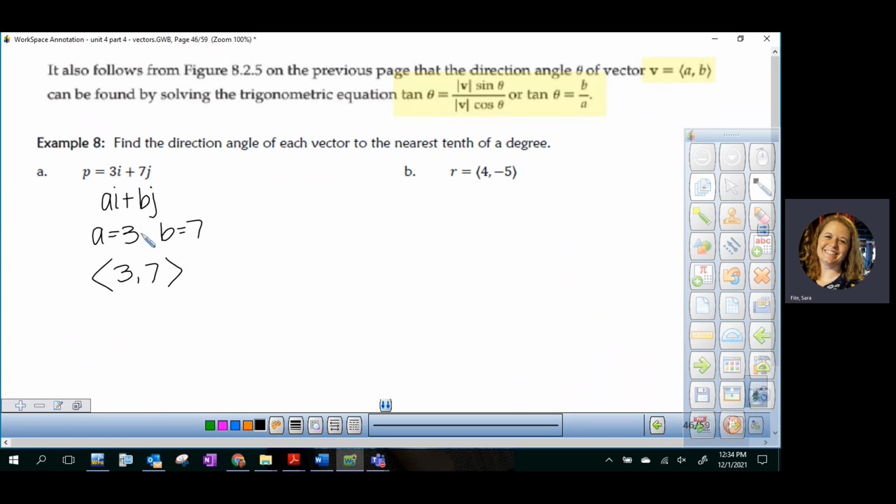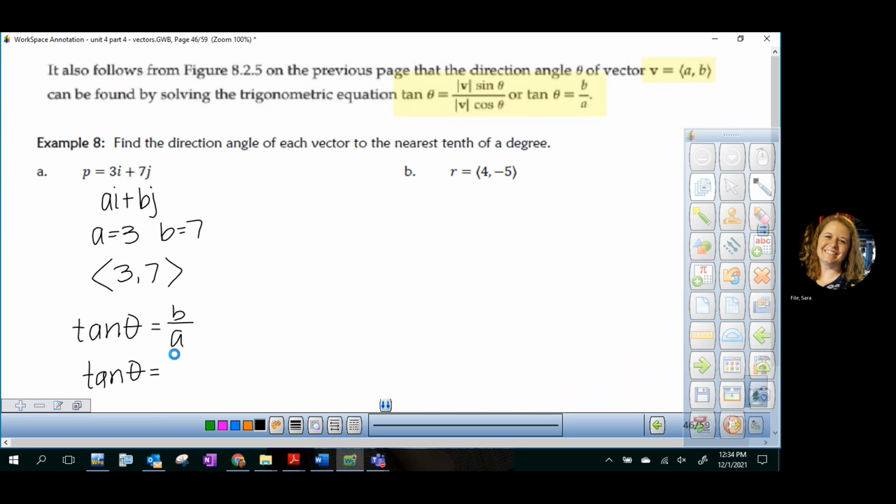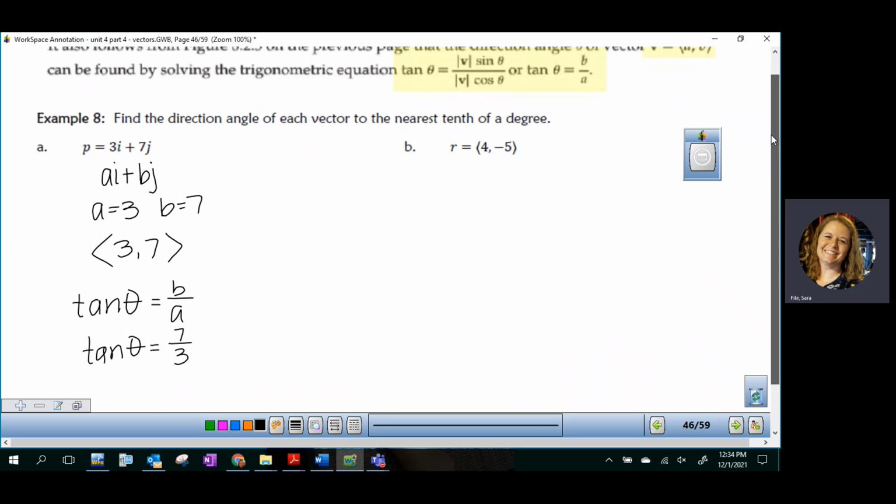You don't have to write that in between. I'm just doing it for the sake of our notes. So here's the component form. That's the A, that's the B. So to get the direction angle, it's B divided by A. So 7 divided by 3.